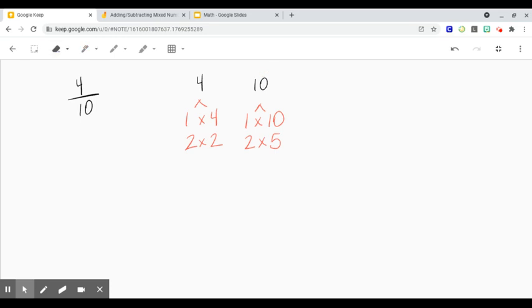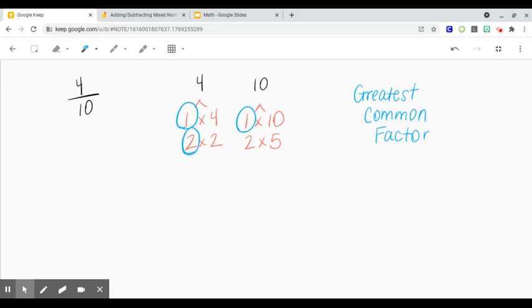And that's it. So this next step, in order to simplify, I need to find the greatest common factor. The acronym being GCF. I'm going to go through the factors of 4 and 10 and find a factor that they both have in common. They both have a 1 in common.